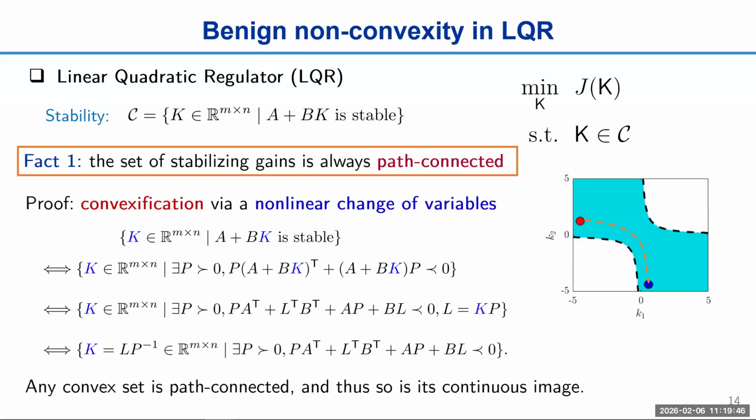So from the first line, basically the set of stabilizing controllers is a projection of a convex set. You mean this one? Yeah, this is defining a projection, but it's not a convex set because the variable P exists, it's not given. So this is also a variable.